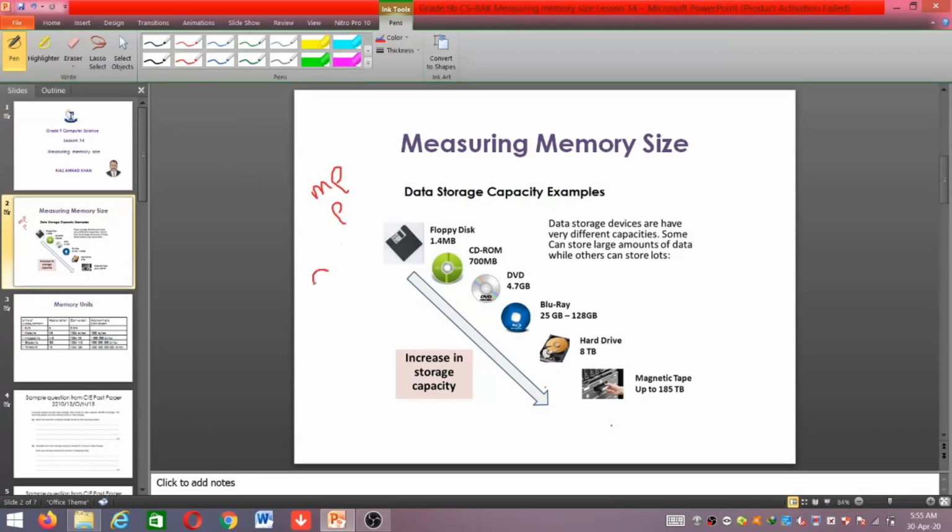You have grams, or you have milligrams, kilograms. Likewise, you have meters and kilometers for distance.